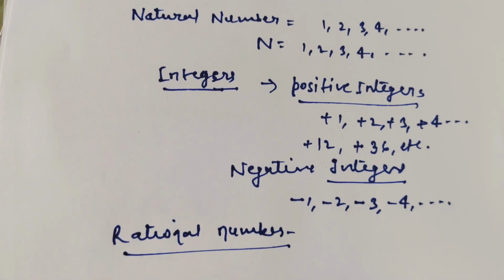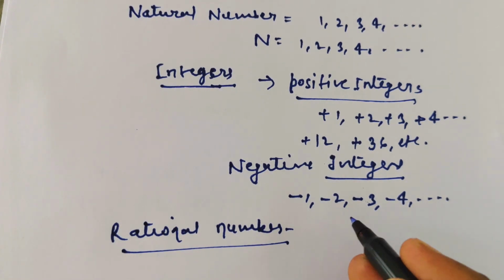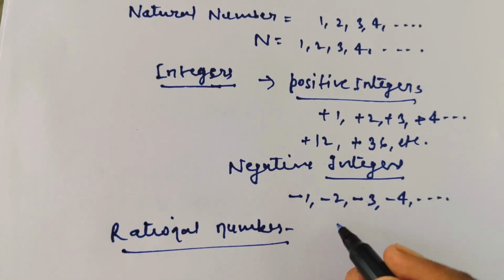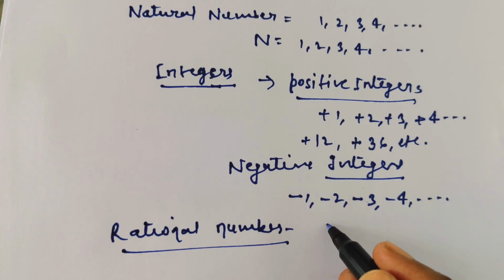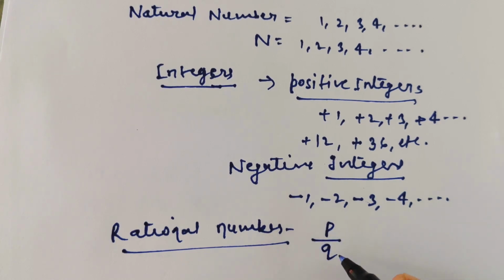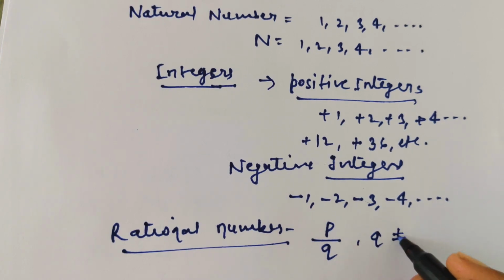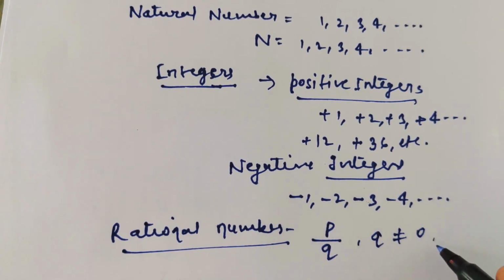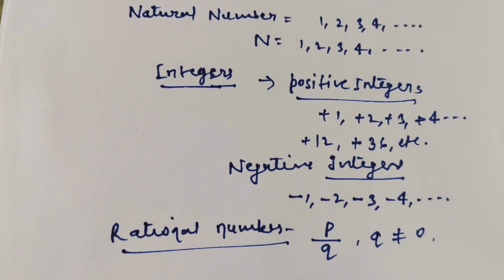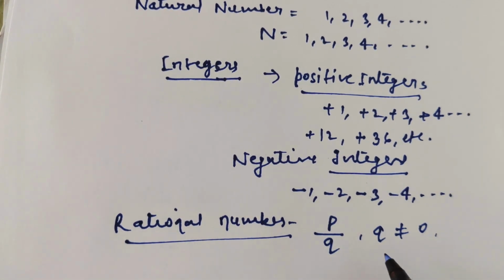This is a very simple form of number and also a big one. A rational number is of the form P by Q or A by B. Simply, the P by Q format is called a rational number, where Q is not equal to 0 and P and Q are in simplest form, that is, the HCF of P and Q is 1. So this is the rational number, which is written in the P by Q format with Q not equal to 0.